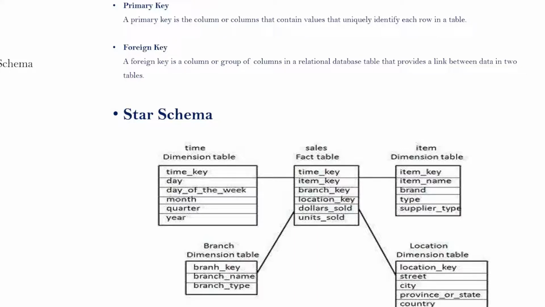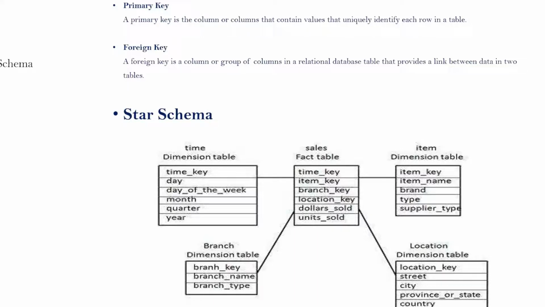In the same example, there is a central table, sales, where we are storing time key, item key, branch key, location key, dollars, units, and on the sides of it we are creating 4 new tables, which are the tables for item, location, branch and time.